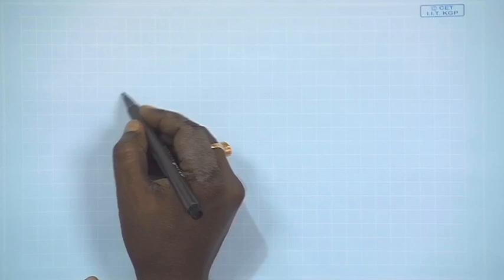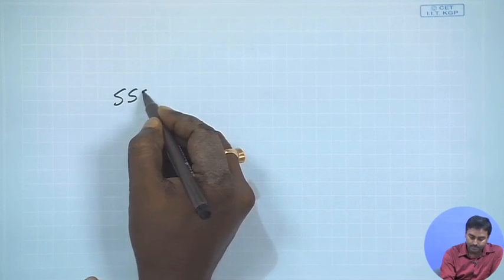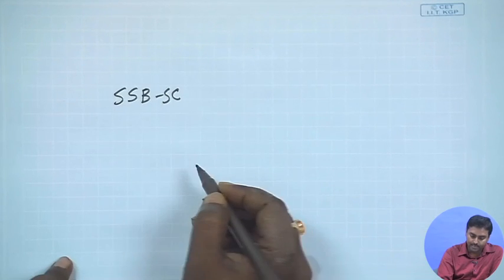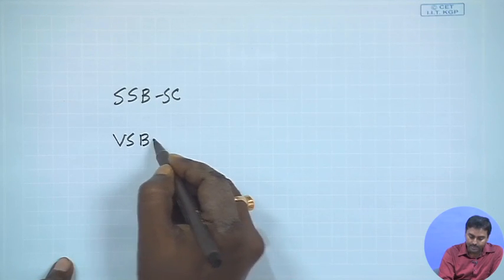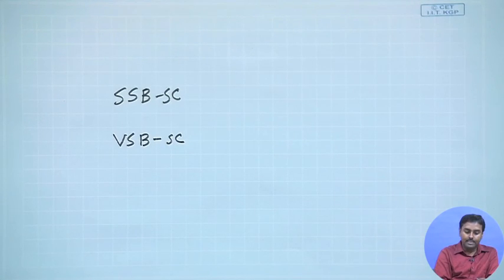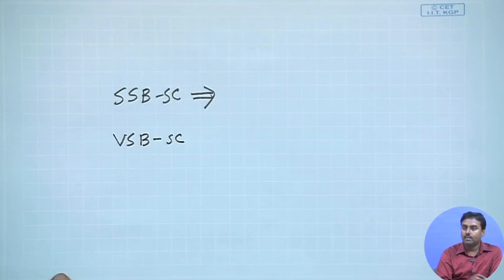There were some more things we also discussed in the process, related to two of the bandwidth efficient schemes. One is SSB, let us say SSB-SC, and the other one is VSB-SC. We have seen that SSB-SC is good if we employ a Weber circuitry.